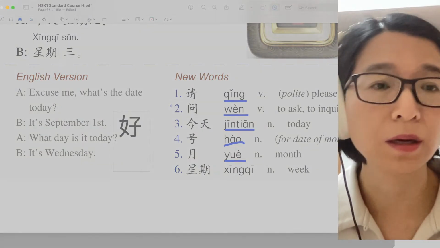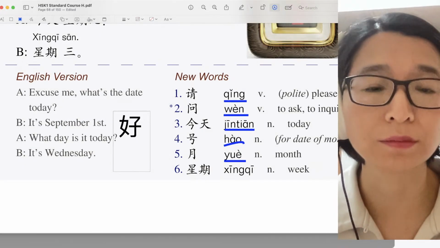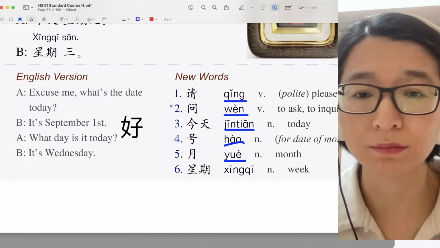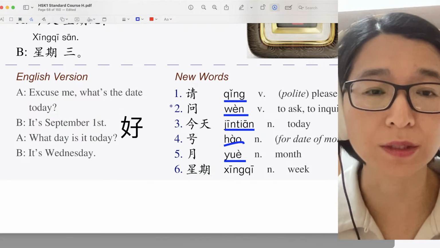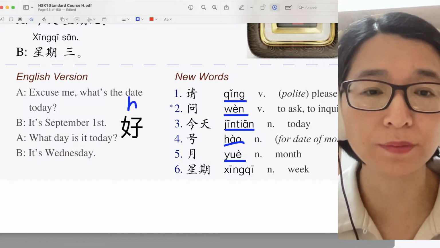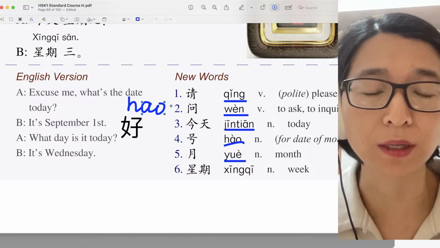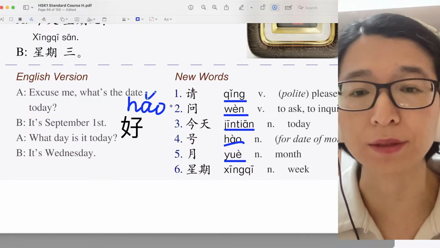So that is this 好. And you know the tone? What's the difference? That's the only difference, because this 好 is third tone, and 号 is a falling tone.